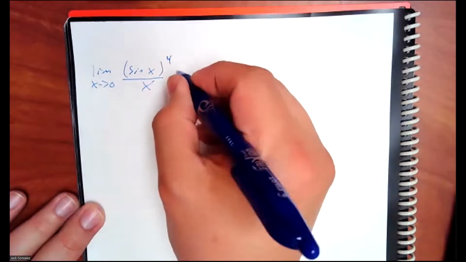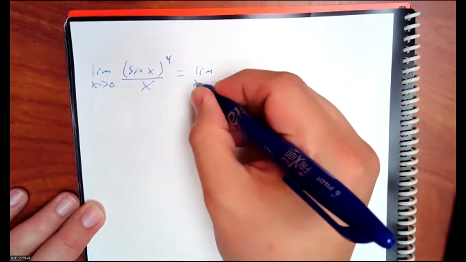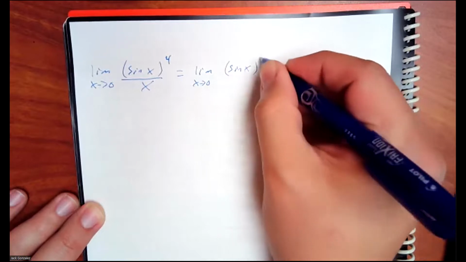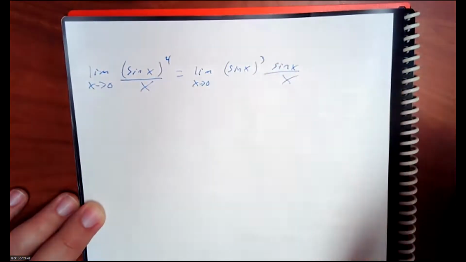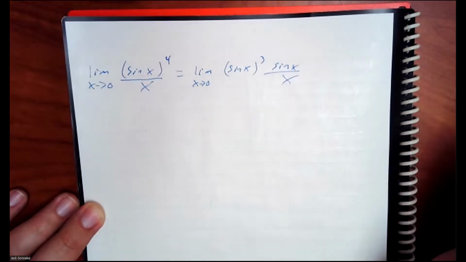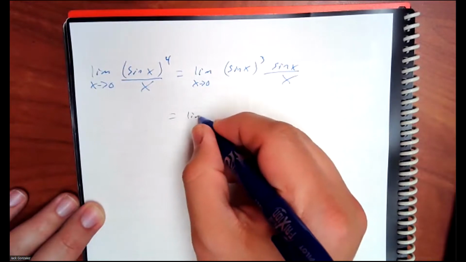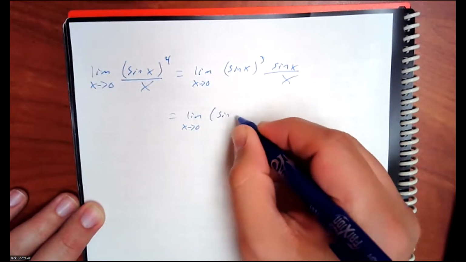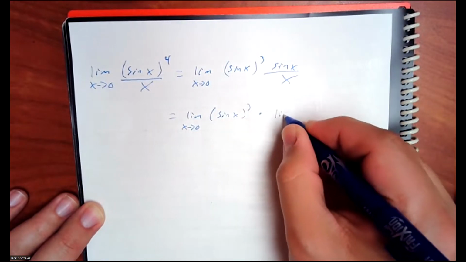Now, I'm also seeing that I can break this up and say, you know what? Here's 3 of them, here's 1 more, right? Take the limit of each one separately. They've still got to be multiplied though.